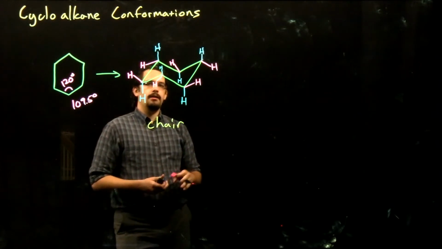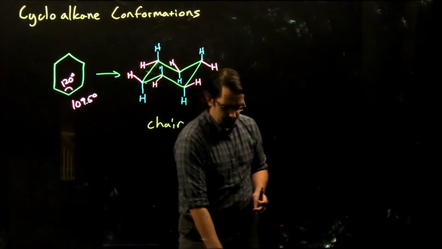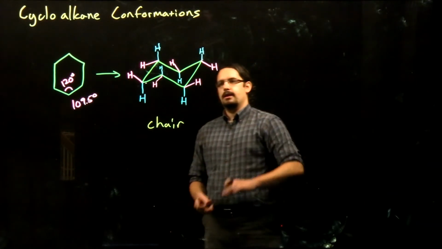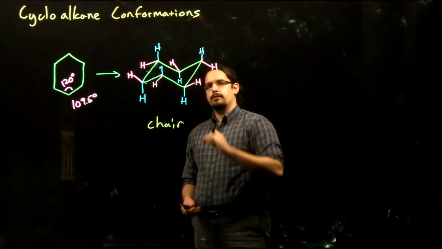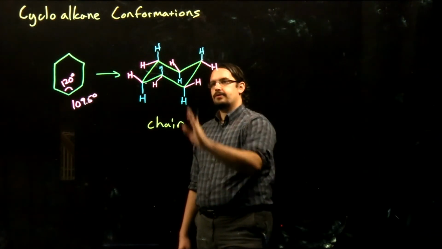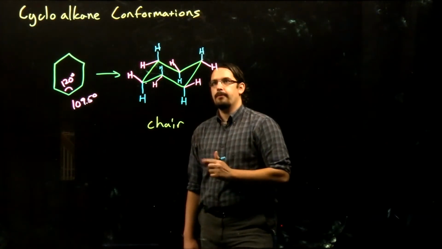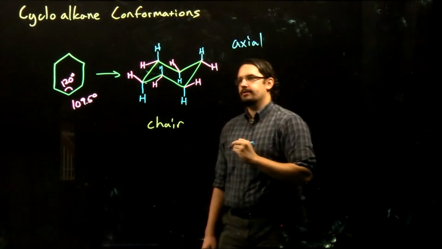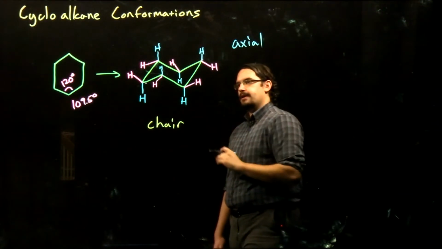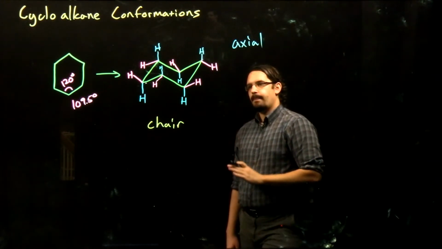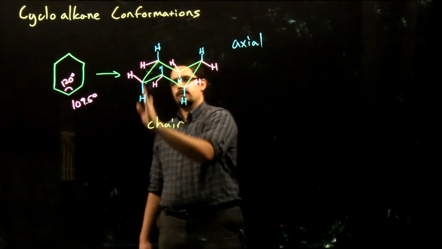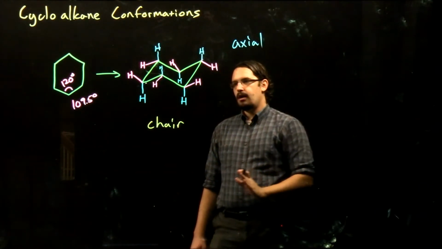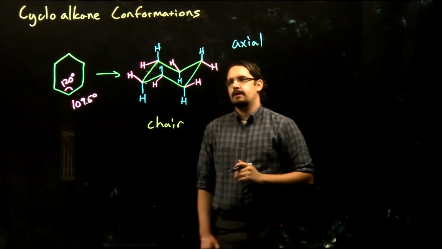Okay, so now I've added my hydrogens to my cyclohexane structure. Now what you should notice is I have six hydrogens, one on each carbon, that are pointing straight up and down. I marked these in blue. These are what we call axial hydrogens, or axial groups, on our cycloalkane ring. So axial groups point straight up and down, along our y-axis.